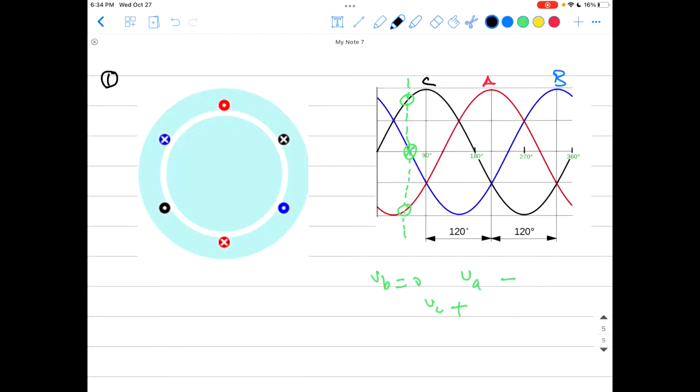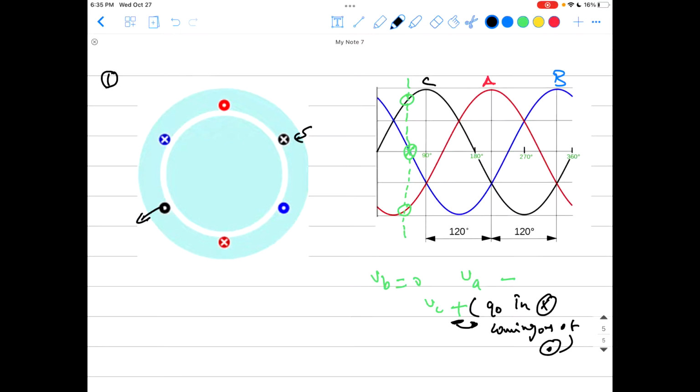Positive current means it goes through the X, so the positive means going in the X and coming out of the dot. It's just a notation we are using here, okay, guys? That is the positive, and the negative is just the opposite way around, okay? So for the positive, that means the current goes in from here and comes out from there, okay?